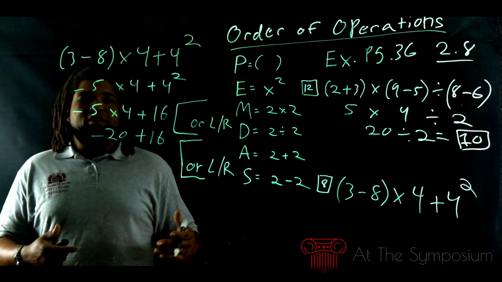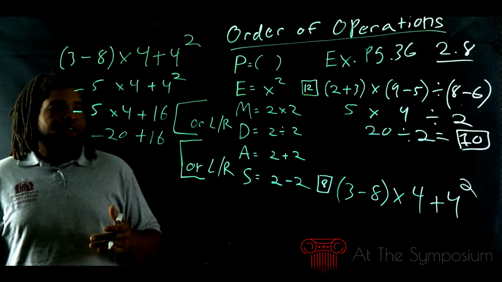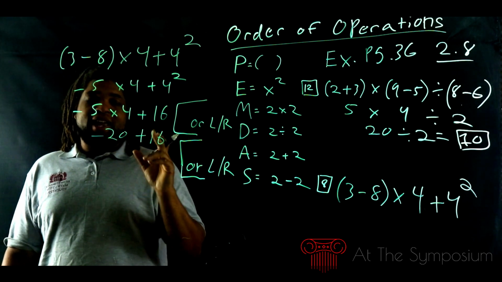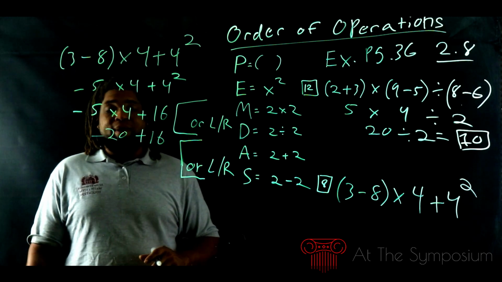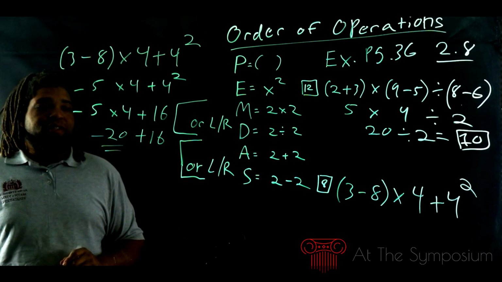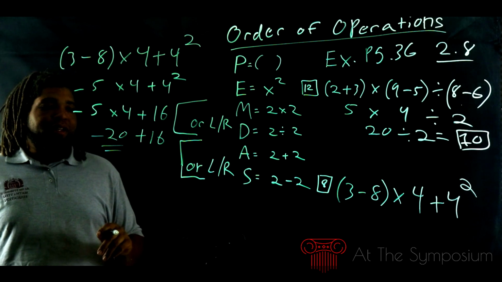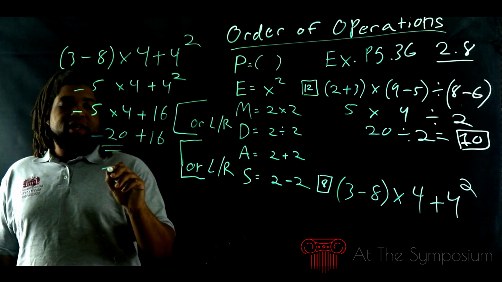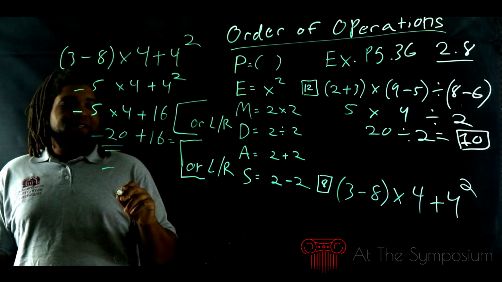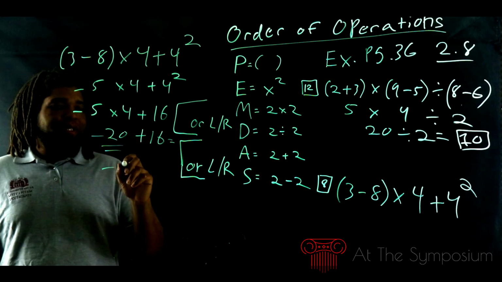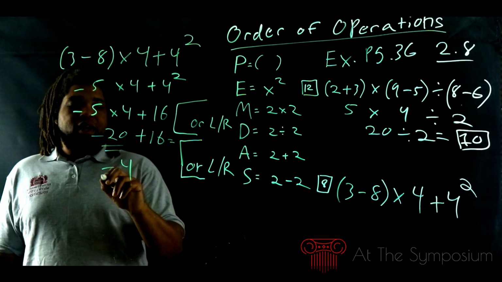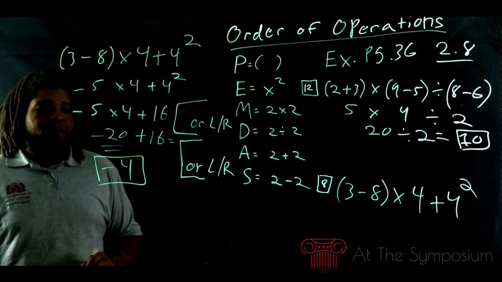Every skill that you learn, you're going to see it later on. So this is adding a negative number. What do we do when we add a negative number? We actually subtract and we keep the sign of the larger number. The larger number in this case is 20, so we're going to keep the negative sign. What does negative 20 plus 16 equal? 20 minus 16 is going to give us 4, and we keep the negative, right? So that's going to give us negative 4.